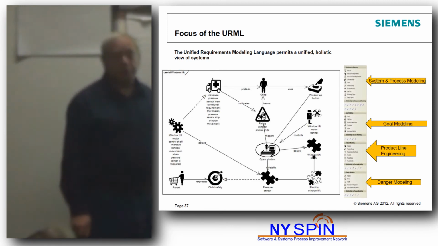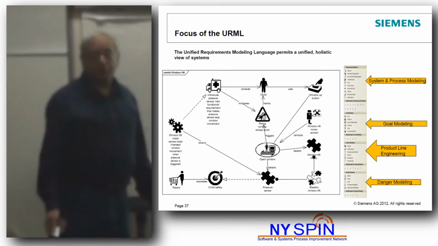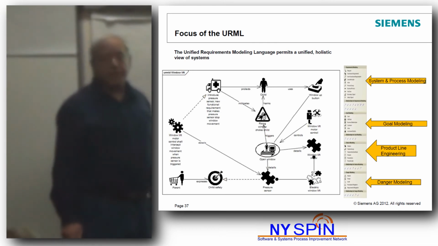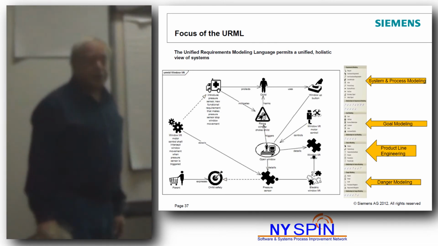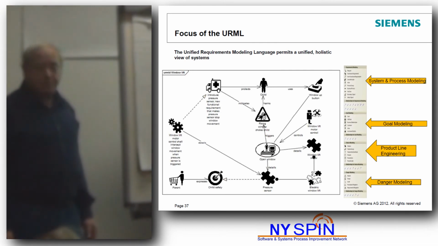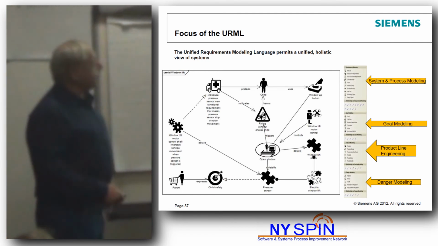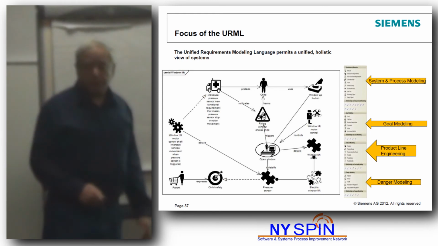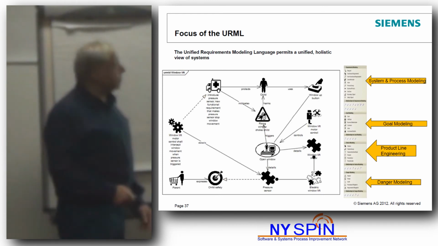So we said, what's the cheapest tool around? Naturally, of course, Siemens would be using the cheapest tool, right? So the one that was most in use was Enterprise Architect, which I think you can get the base product for $200 a pop, $200 a seat. So we did an implementation to test it in Enterprise Architect. So that way we were able to try it out on real projects.